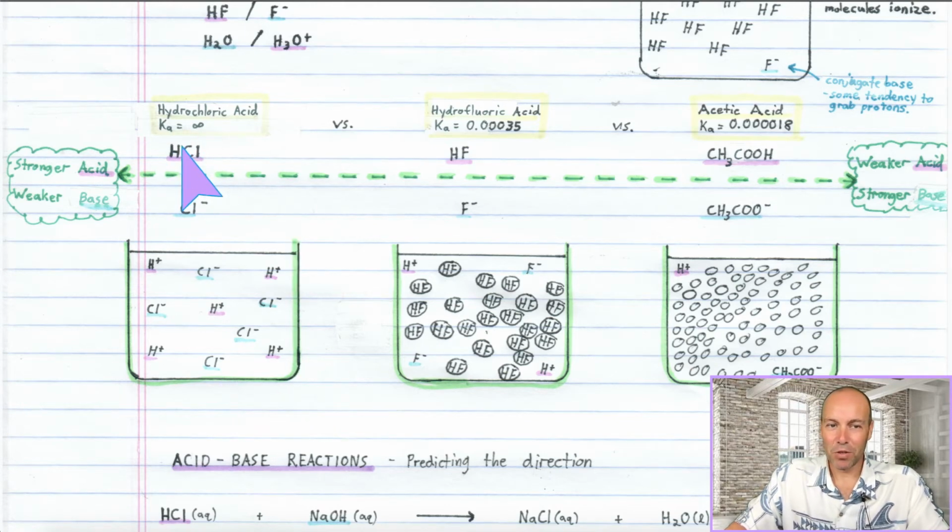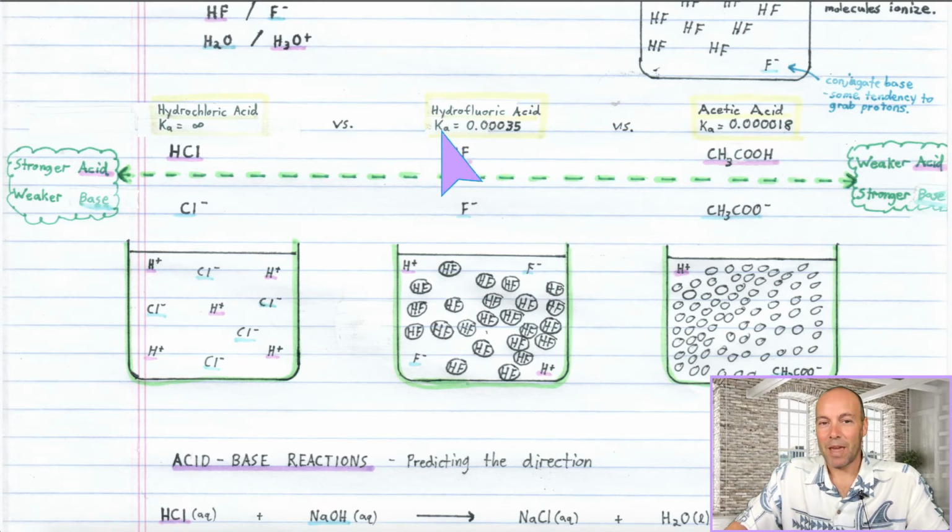So if you have a solution of hydrochloric acid, 100% of the molecules ionize, and so you will find no molecules of HCl in here. They've all ionized. Okay, and so the chlorides have no tendency to grab those protons. They're happy being separated from one another.